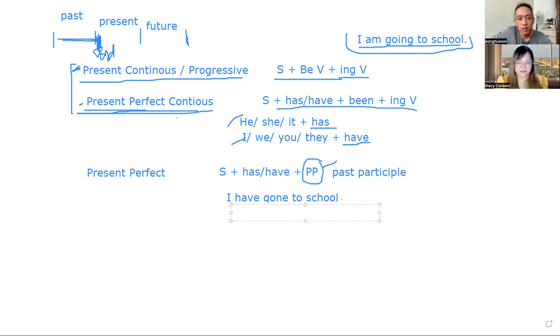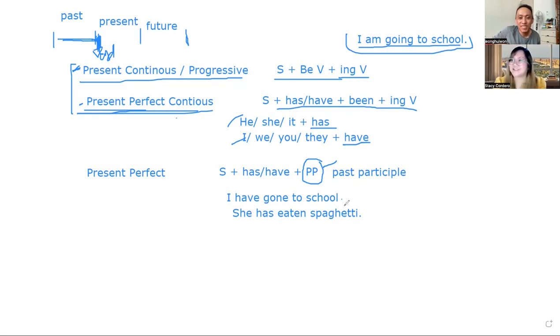Let's use she. She has eaten spaghetti. Okay. What do you think this means? She already had spaghetti, but I can smell spaghetti.